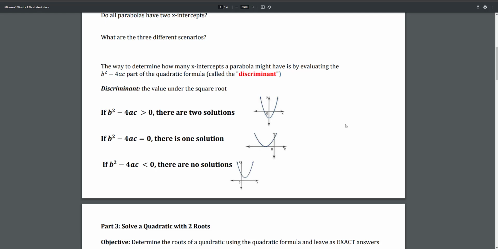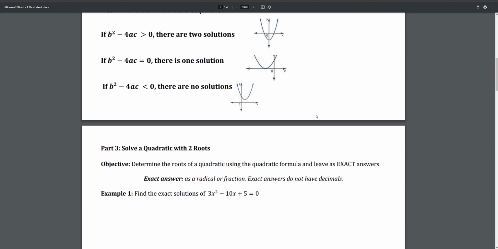Because in vertex form, we know the vertex, we can just graph the vertex and then graph the parabola that way. But if it's in standard form, it's a bit harder to just do it right away. But we have other tricks that we can use when the equation is given in standard form. We can use the quadratic formula. And specifically, we can use the discriminant. The discriminant is the part of the quadratic formula that's underneath the square root sign.